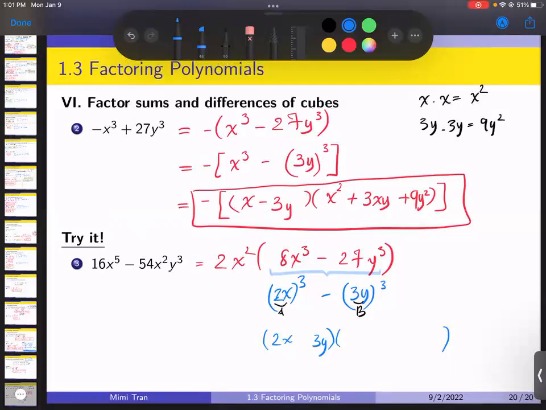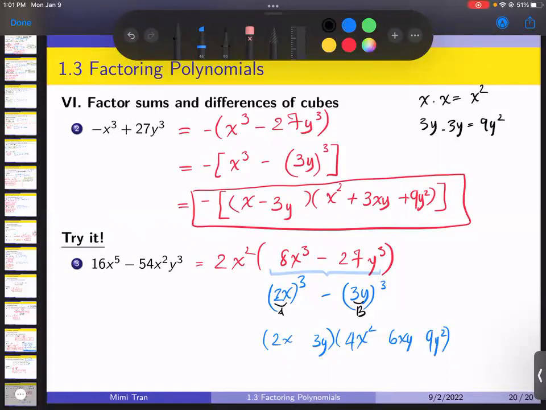And then what happens to the trinomial? A times a, 2x times 2x is 4x squared. B times b, 3y times 3y is 9y squared. And then 2x times 3y is 6xy.